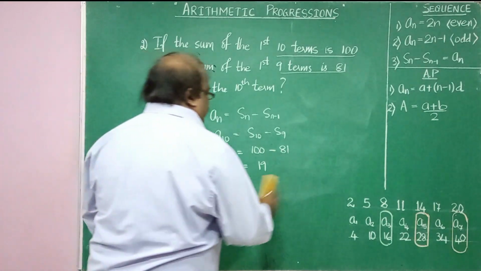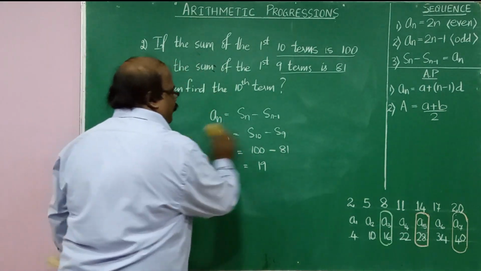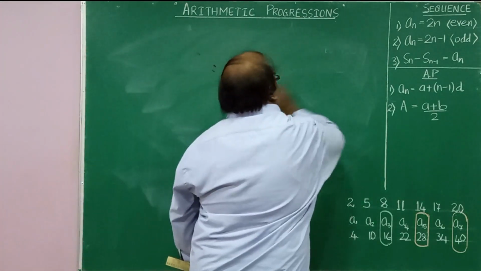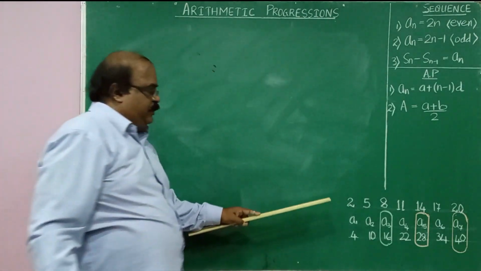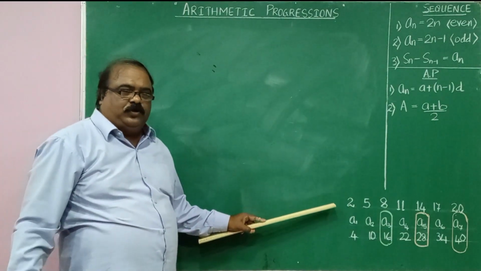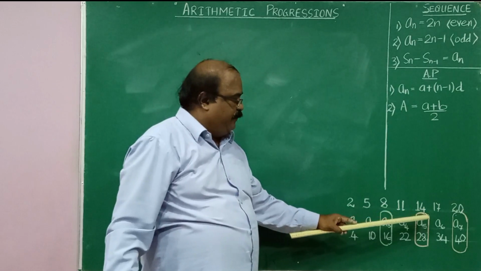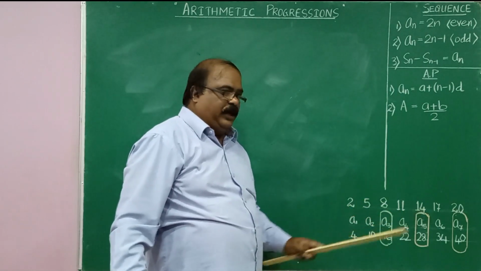Let me take another sum of the same type. Look at the arithmetic progression that is projected on the board: 2, plus 3 is 5, plus 3 is 8, plus 3 is 11, plus 3 is 14.